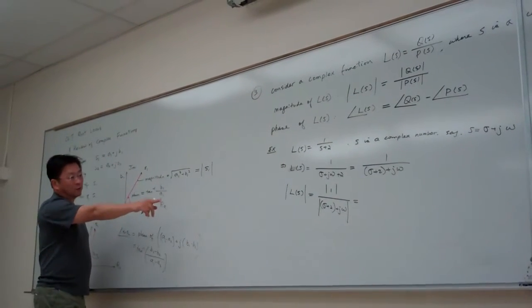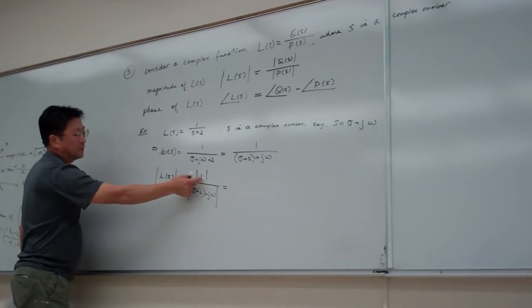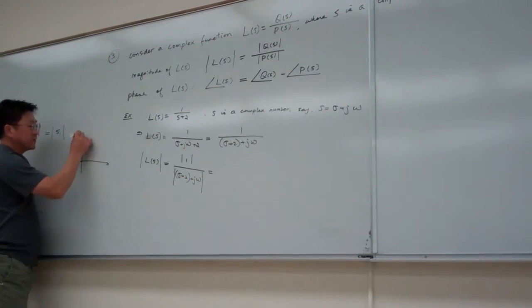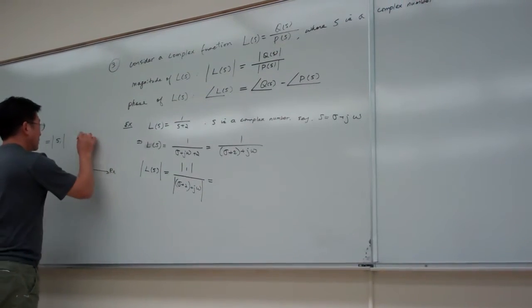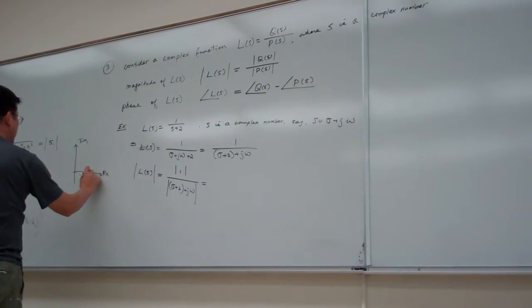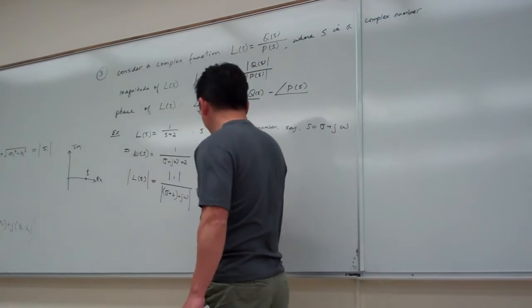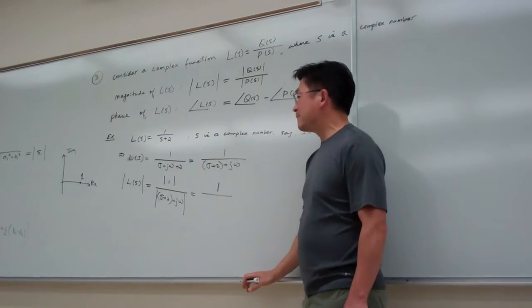For example, the magnitude of 1, this is very dummy. So the magnitude of the numerator simply is equal to 1.